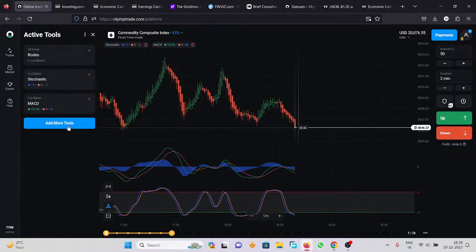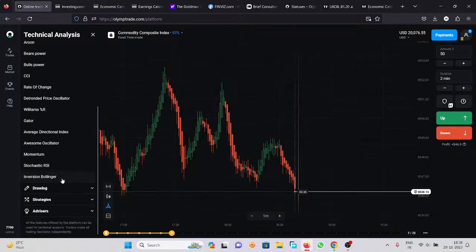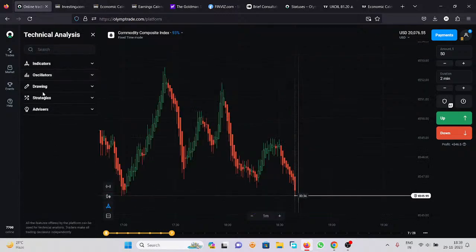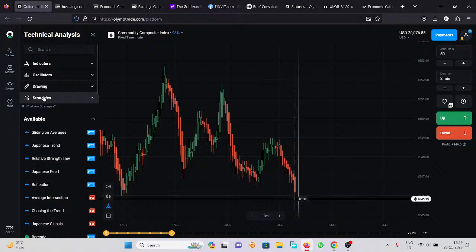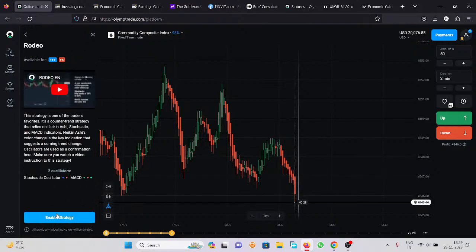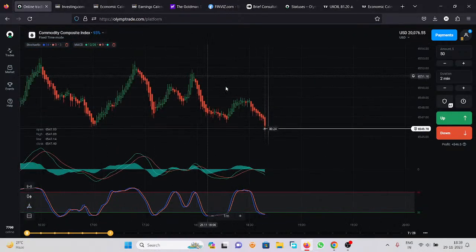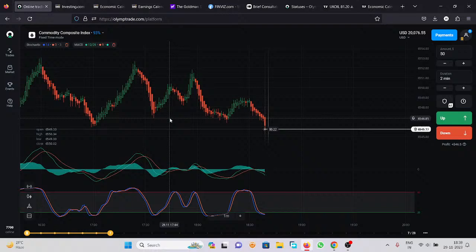All right, so let's start discussing this strategy. The RODEO strategy is a nice counter trend strategy based on three things. We have a Heikin candlestick over here. Once you click on the strategy, everything is set on your account by default, because these are all standard settings.